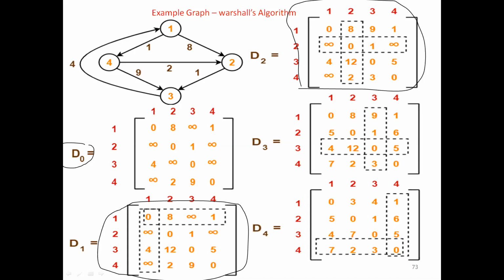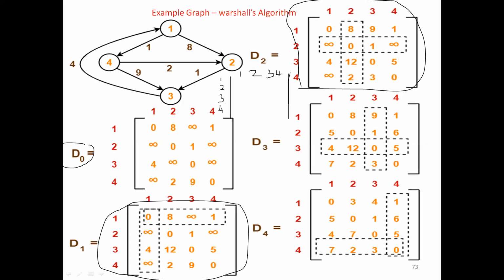I'll draw here for understanding. So this is the D2 matrix. In the D2 matrix, the second row and the second column should stay as they are, with indices 1, 2, 3, 4 on both axes.